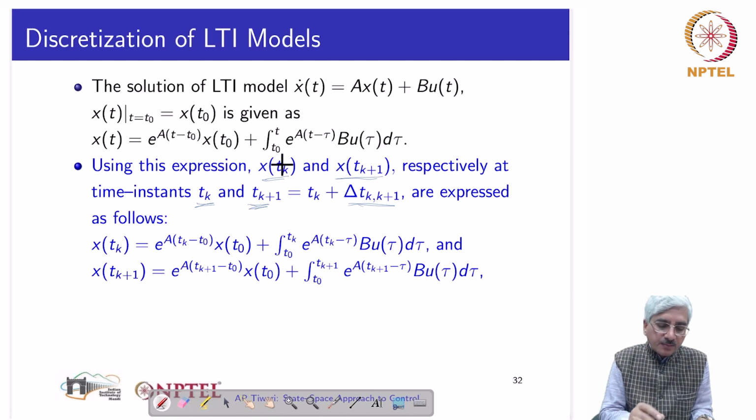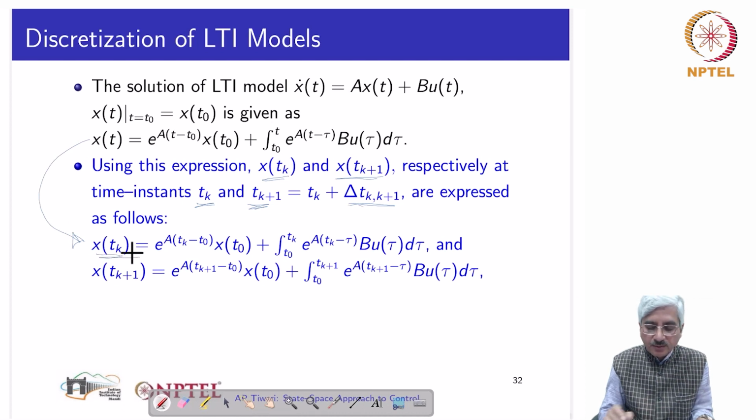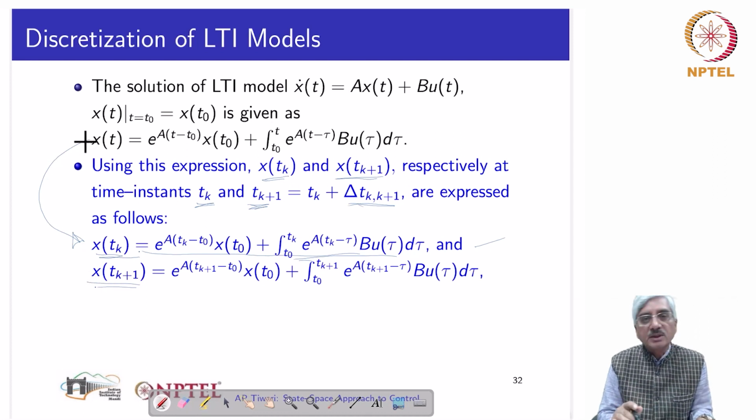We can obtain x(tk) by substituting t equal to tk, which is this. We can also obtain the expression for x(tk plus 1) by substituting t equal to tk plus 1 in the same equation, which comes as this.